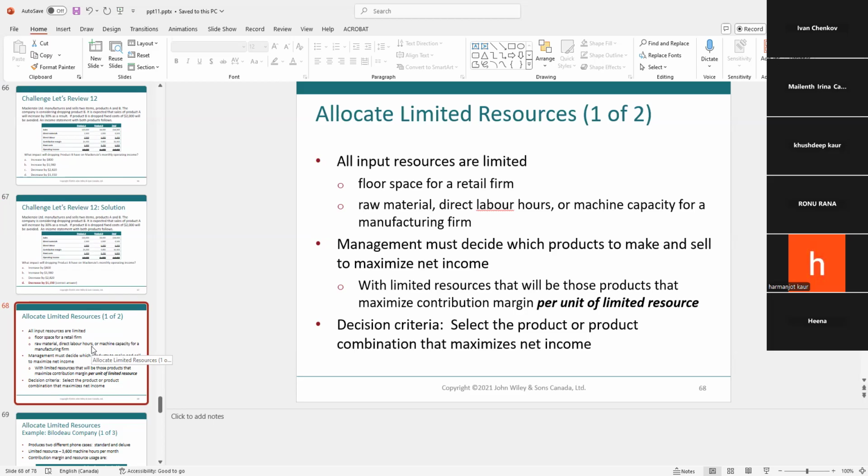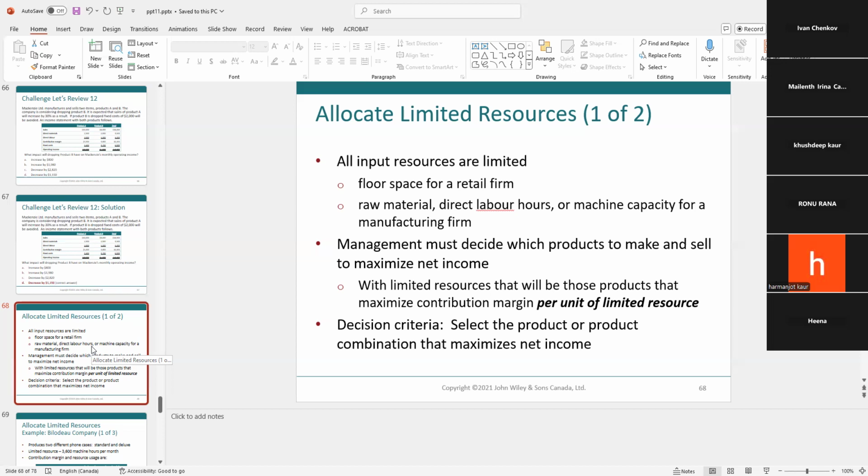But for the purpose of this chapter here, we're going to go with all input resources are limited, and we consider everything is limited in the company operation, which is the space that we're renting, or the materials that we're using, or direct labor hours that we have available, or capacity of the machine that we're using. So management must decide which product to make and sell to maximize the income when we have limited resources.